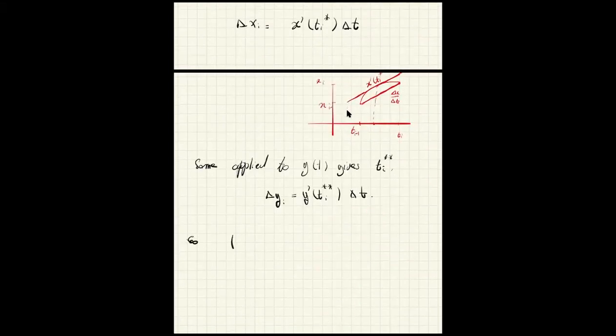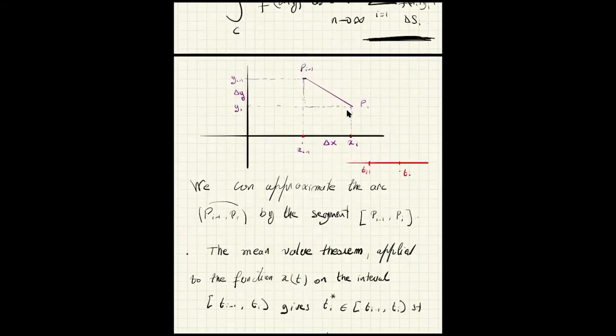So the segment P_{i-1} P_i, the length of it, I'm using different notations, but the length of it is given by delta x, but here it depends also on i. You can add a little index i here, and it's not necessarily the same all the way along.